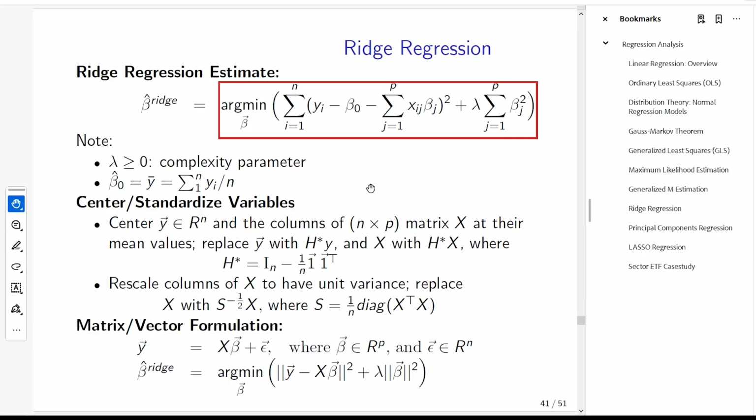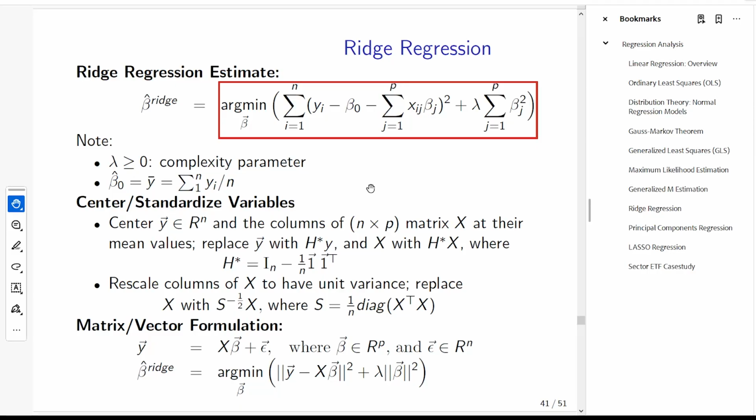The left argument of this expression is simply the sum of squared residuals. But then we're adding to that a penalty depending upon the squared length of the beta vector.